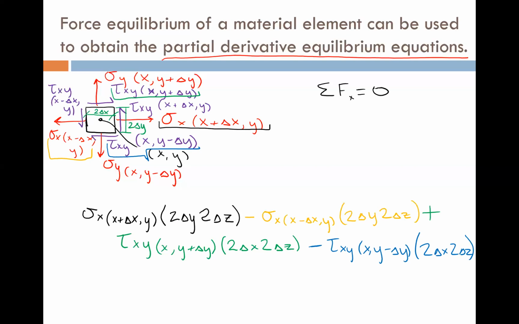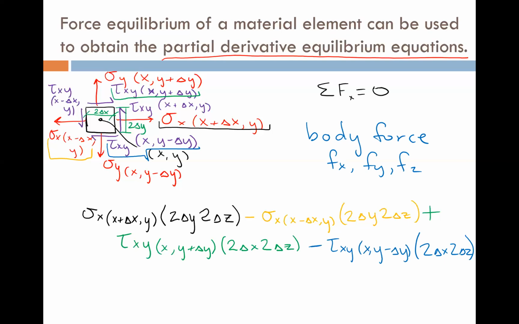And one more thing I'm going to add in. This material itself might have a body force. And that body force could be acting in any direction. Could have an fx component, an fy, and an fz. So we'll add that in.